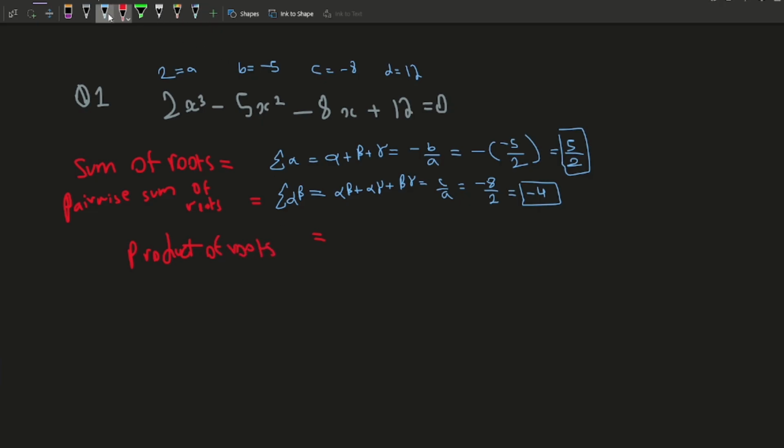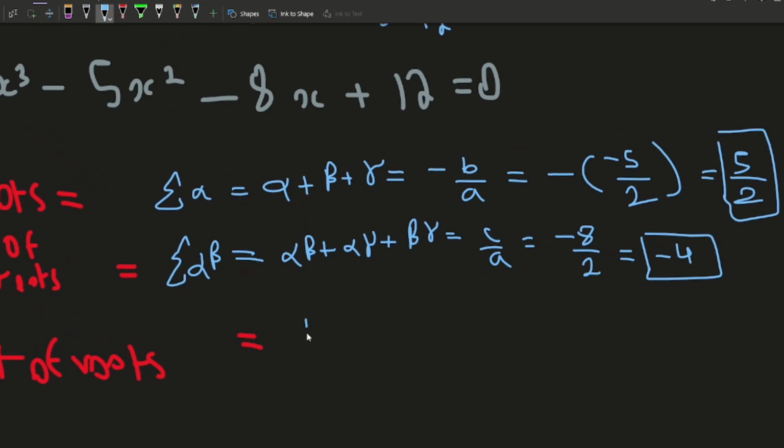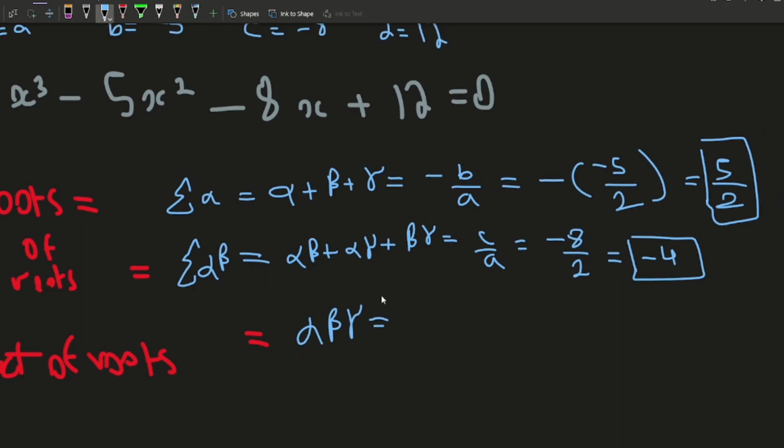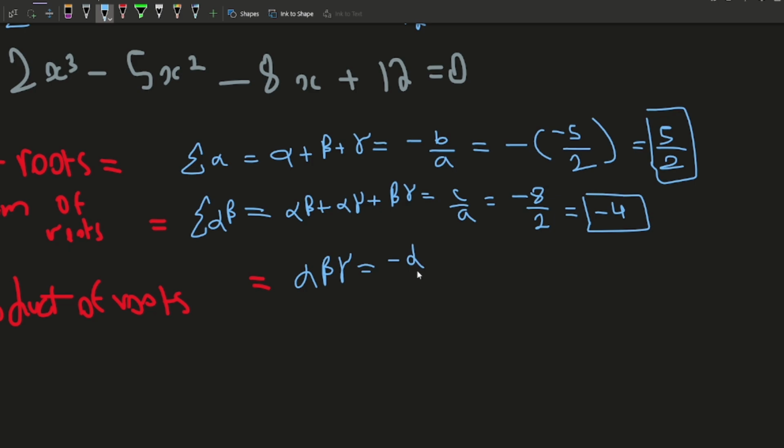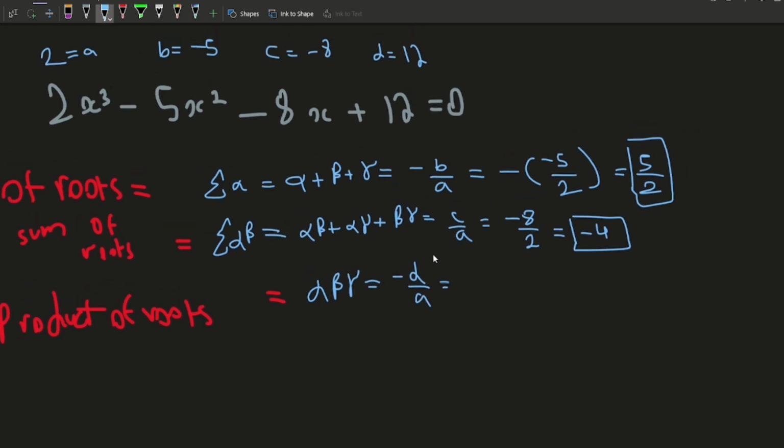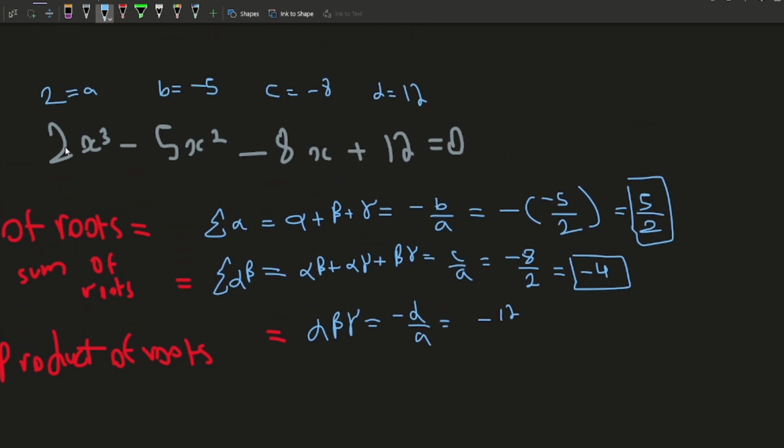So the product of roots is alpha beta gamma, and the formula for that is minus d over a. The value for d is 12, so minus 12, and a is 2, so the answer is minus 6.